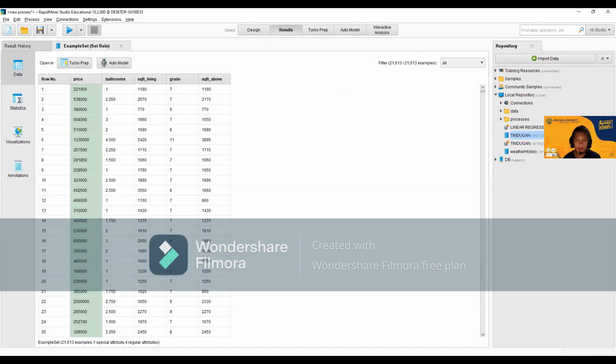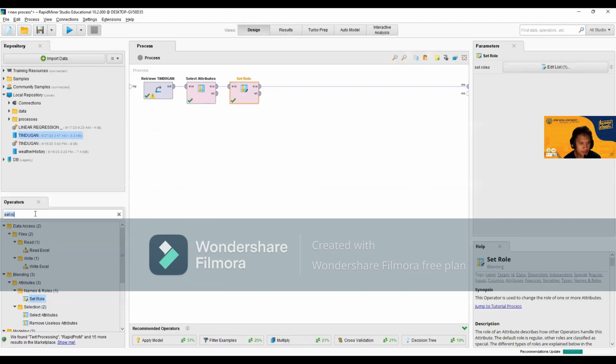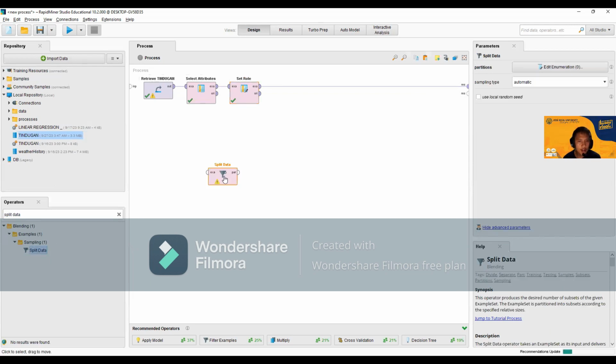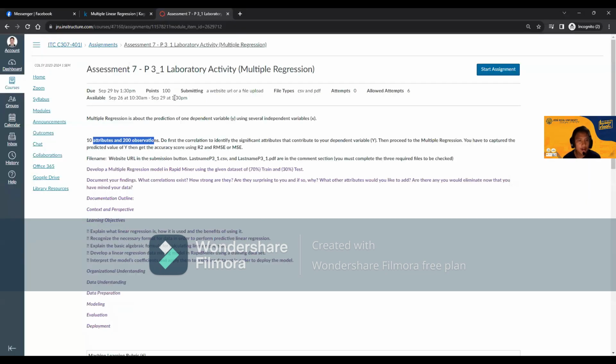So what we're going to do next is we need to split the data. According to our structure, this data set is 70% for training and 30% for testing.